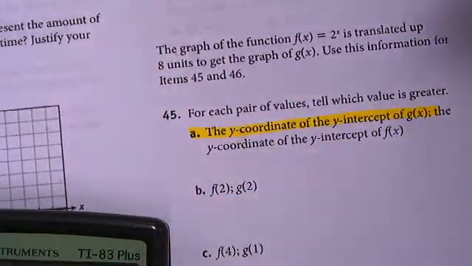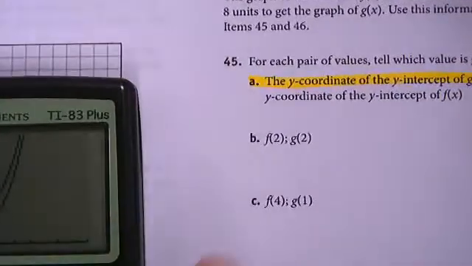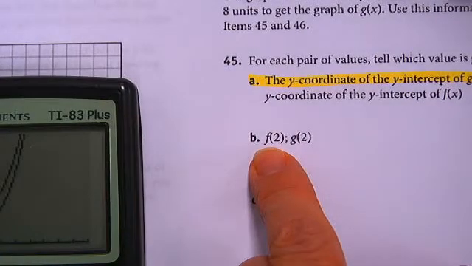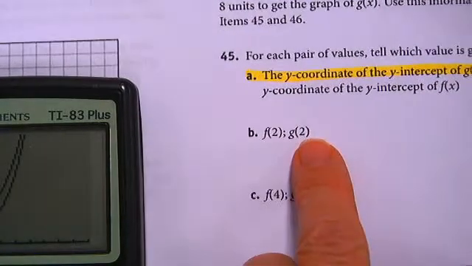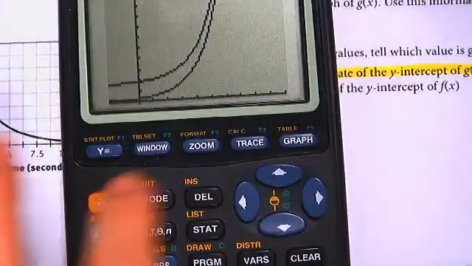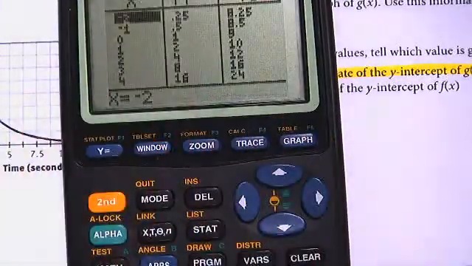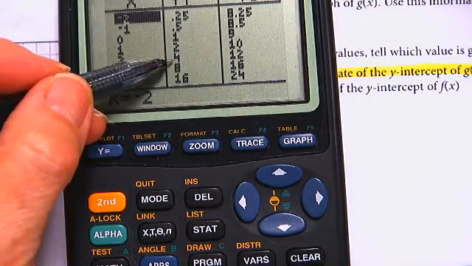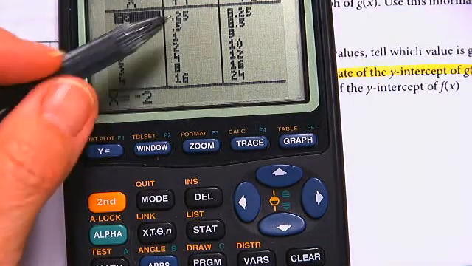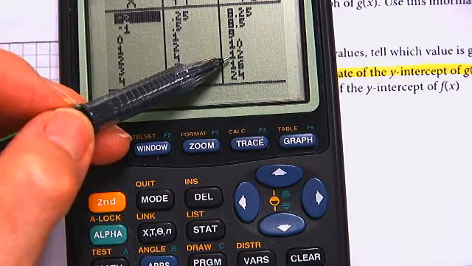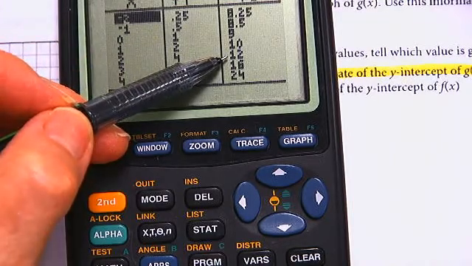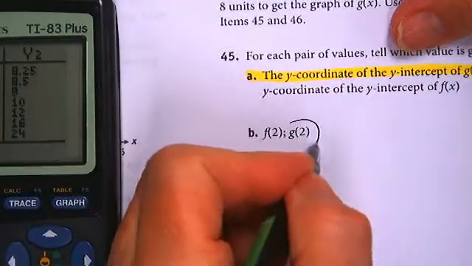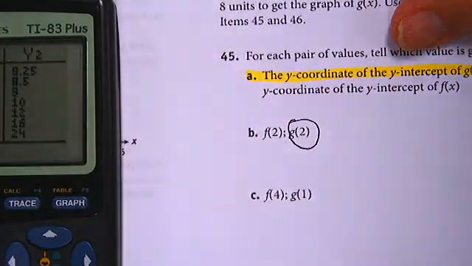Now, which is bigger? The output when x is 2 or the other output if x is 2? Let's look at the table. When x is 2, the output of the original function is 4, but the output of g of x is 12. So obviously g of 2 is bigger.